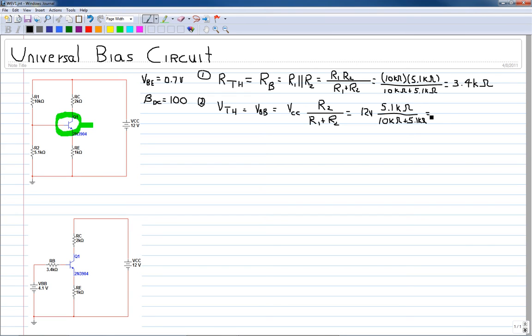Substituting this and rounding off gives us a value for VTH of 4.1 volts.